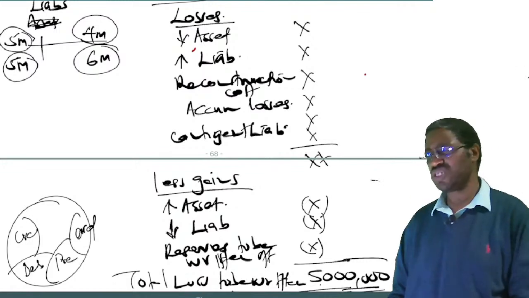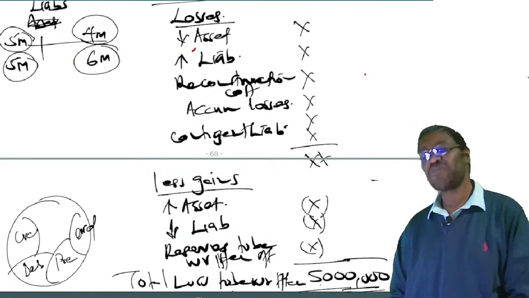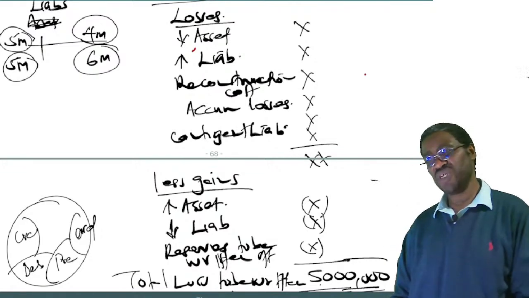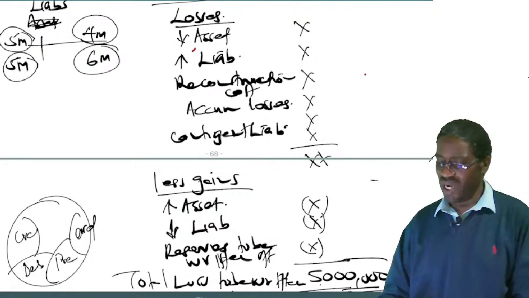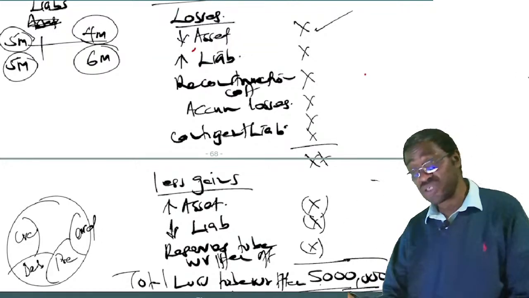Anything that you used in step 1 must be part of the scheme. So, 1, decrease in assets or increase in assets.